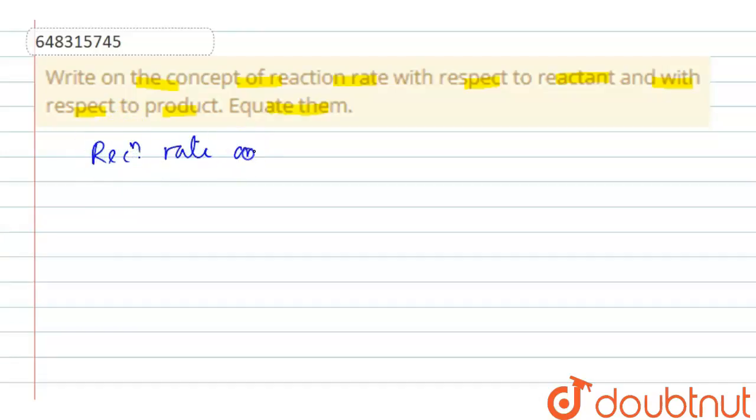Now let us see reaction rate, or rate of reaction, or speed of reaction, or velocity of reaction.